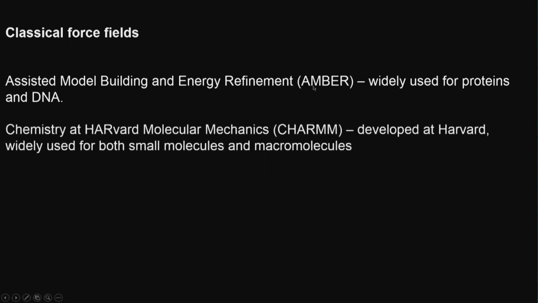Then, assisted model building and energy refinement, this is called the AMBER force field. This is widely used for proteins. So if you have a lot of protein, we can use this. Then comes CHARMM. CHARMM is another very popular force field used for small molecules and macromolecules.